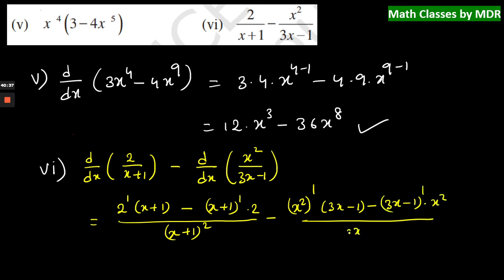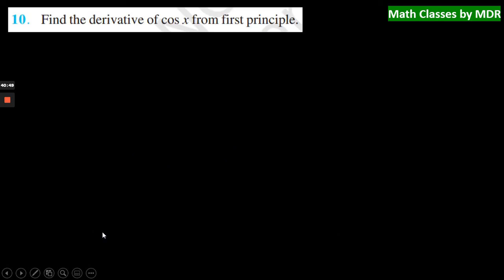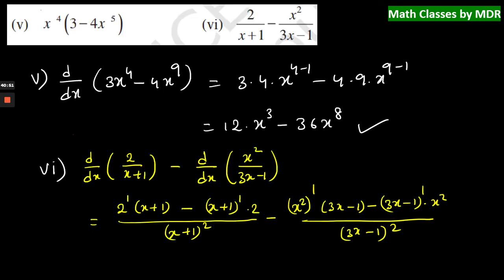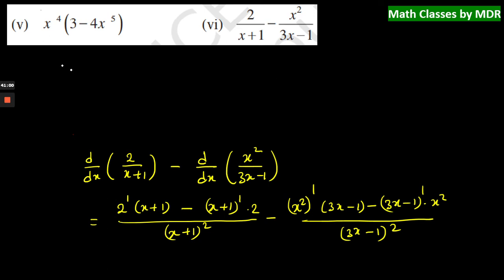Now let us take the derivatives of it. The derivative of 2 is 0, so I can write 0 into (x plus 1), and the derivative of x plus 1 is 1, plus 0 into 2, by (x plus 1) whole square.